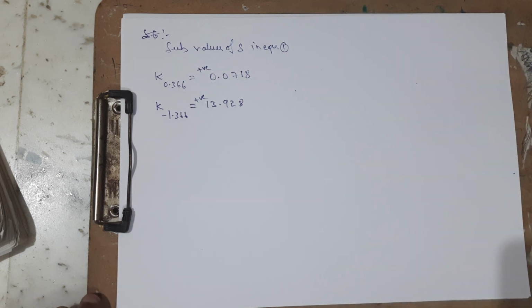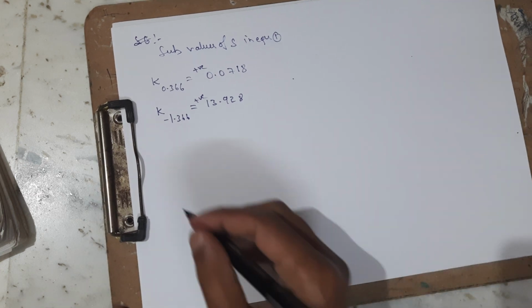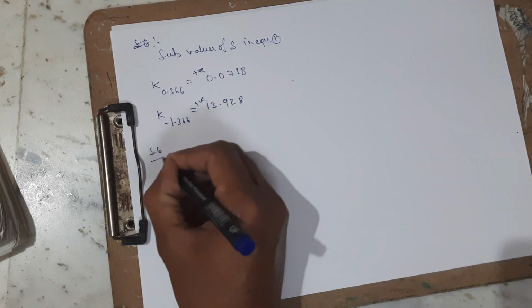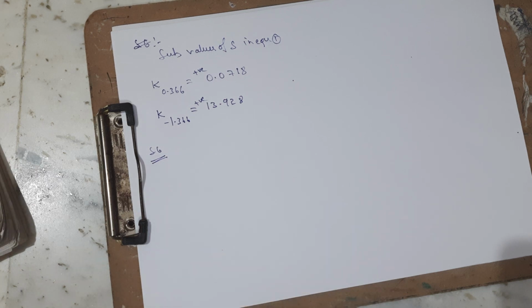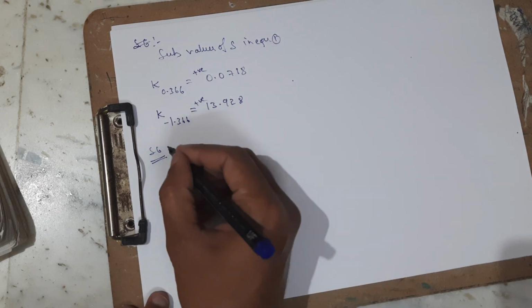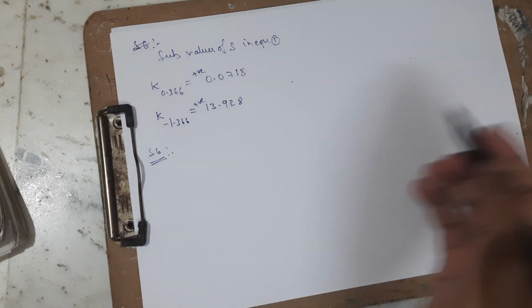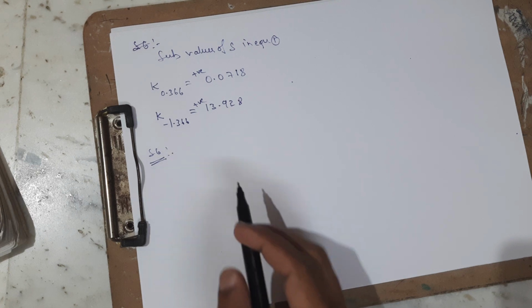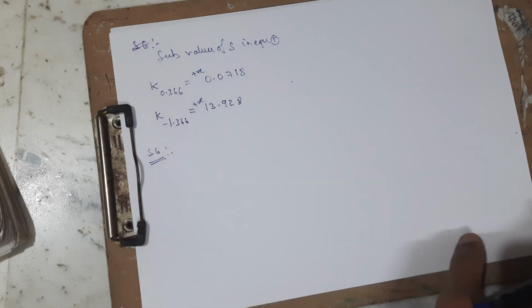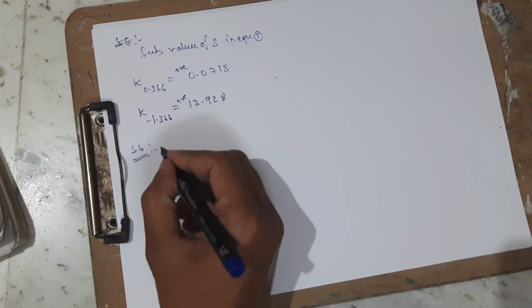So next one is what? That is step number 6, to find out the intersection of root locus with the imaginary axis, right? So for that we need a characteristic equation.